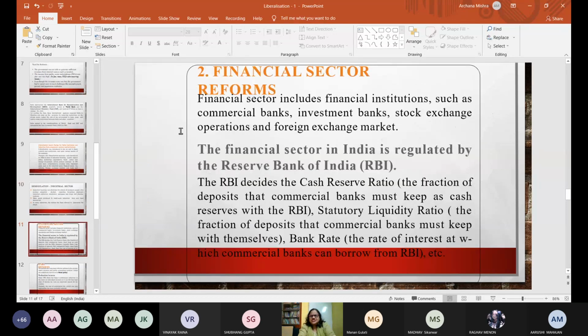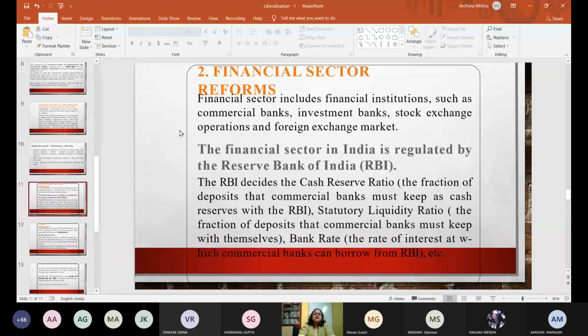Then we came to financial sector reform. First, you have to define the financial sector. It includes all the banks, the investment banks, the stock exchange, the foreign exchange market. Then you will say the RBI, the central bank, decides the cash reserve ratio, the bank rate, the SLR, and then you will talk about how it is now a facilitator rather than the regulator.